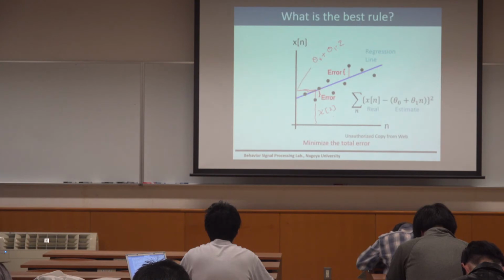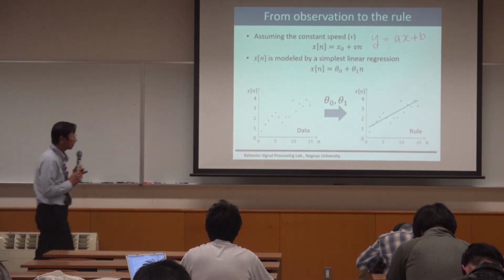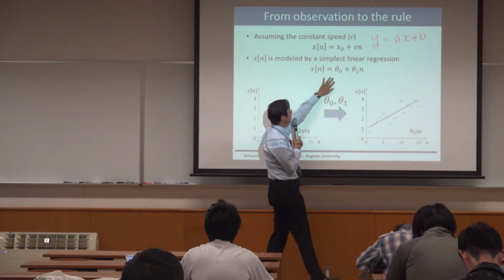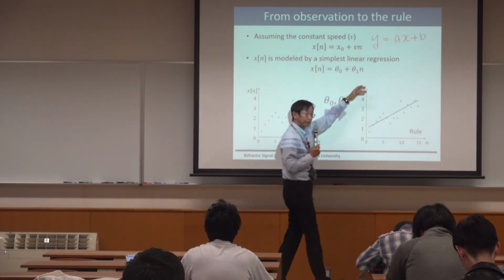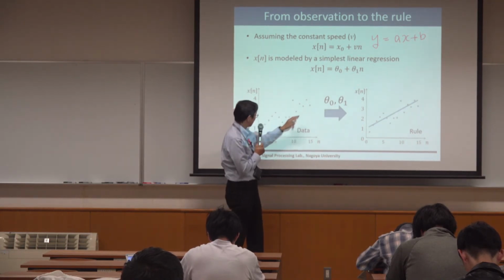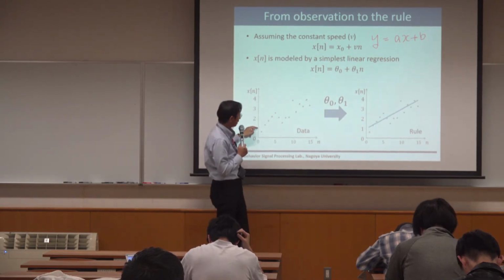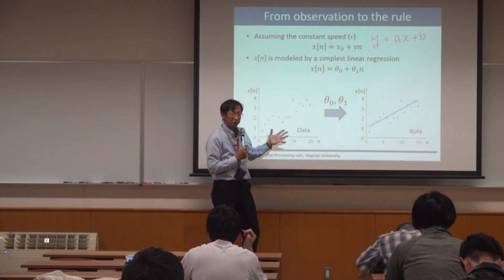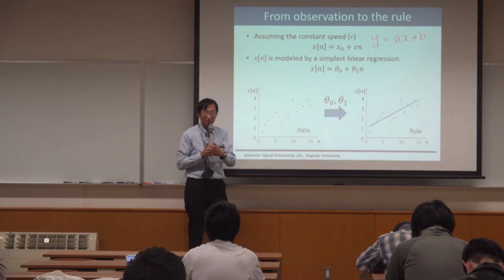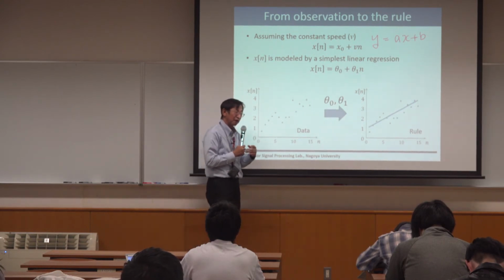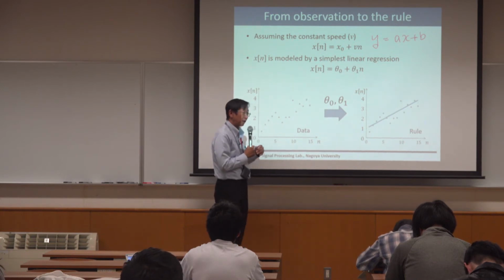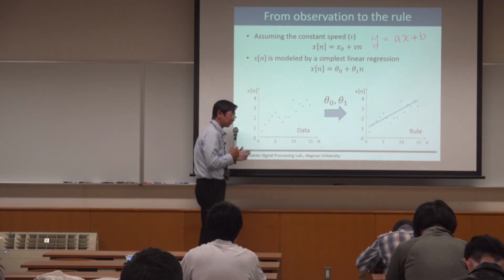Okay, so this is the least squares problem. We assume that this value can be represented by n times theta 1 plus theta 0. I don't know why you think that this is correct or not. That is your guess, your hypothesis. If you knew some knowledge about the background phenomena, then you can use that knowledge.